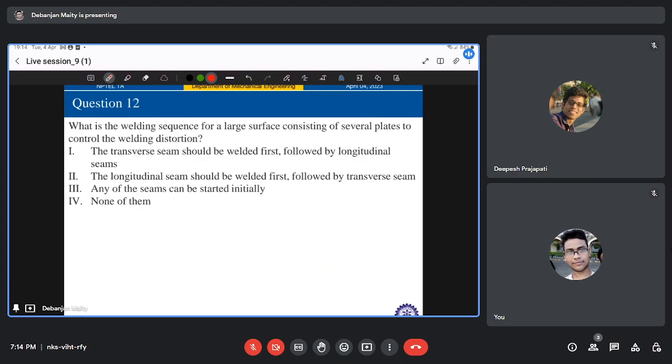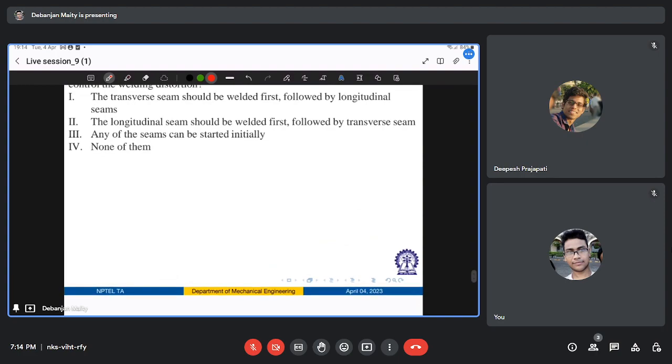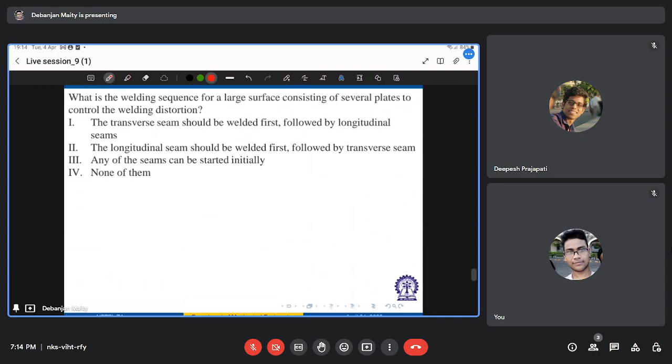How can you do a presetting? Let me draw some figure that will be beneficial. So you can do something called presetting.